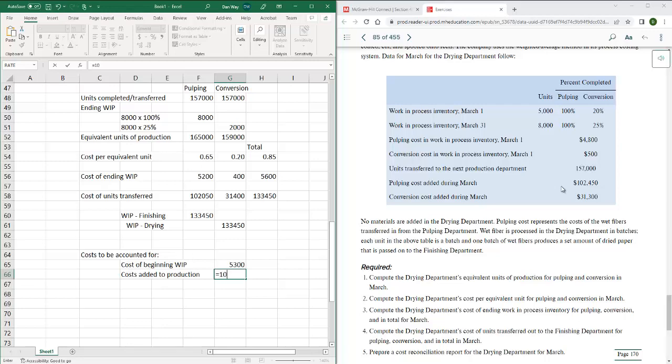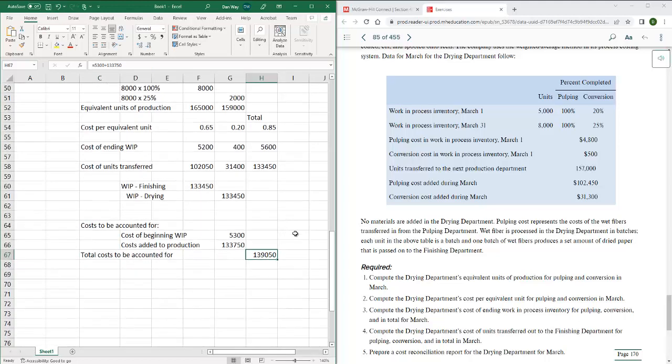We added $102,450 in pulping, and we added $31,300 in conversion cost. So a total there of $133,750. So let's get a grand total, $5,300 plus the $133,750 means my total costs to be accounted for equal $139,050.